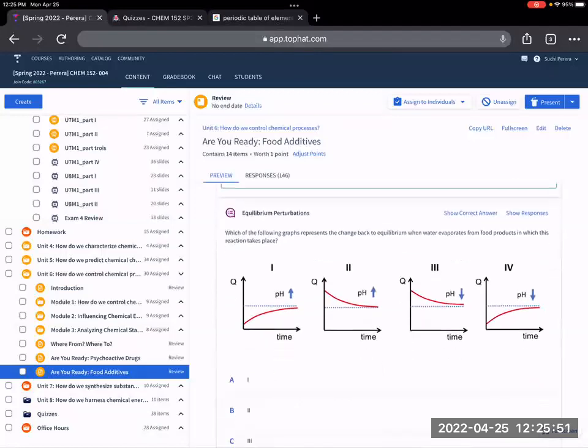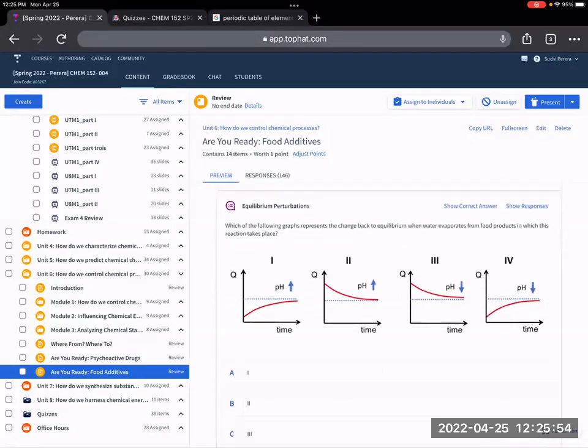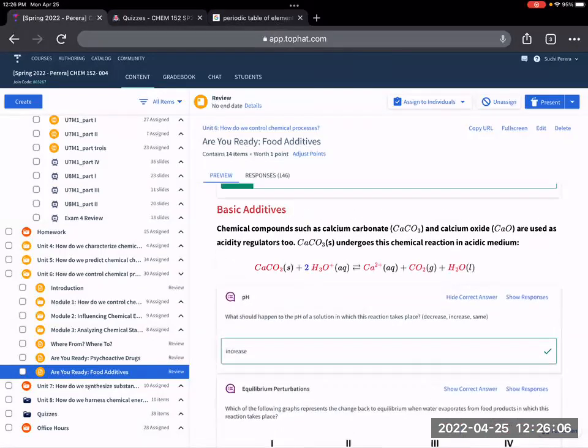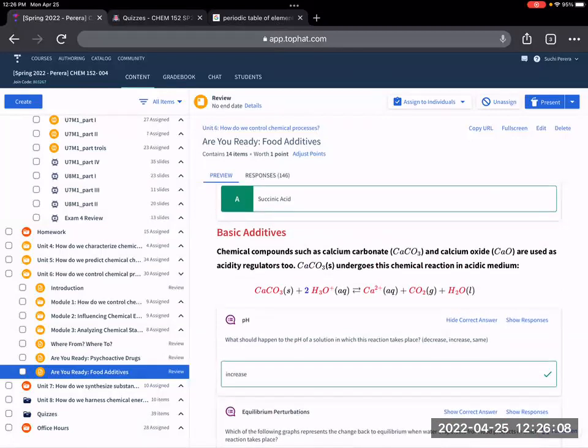Okay, equilibrium perturbations. Which of the following graphs represents the change back to equilibrium when water evaporates from food products in which this reaction takes place? Okay, now when water evaporates, all the aqueous species concentrations should increase.